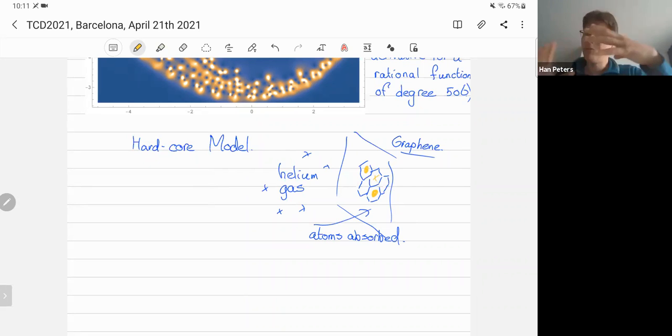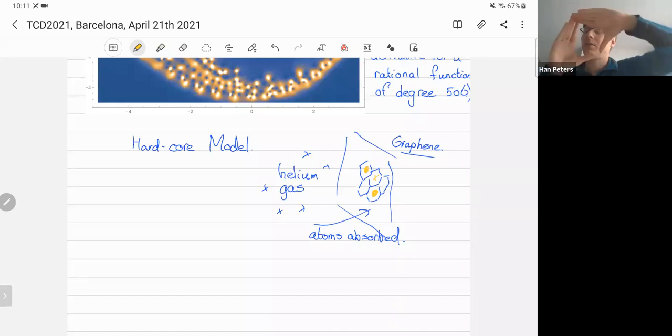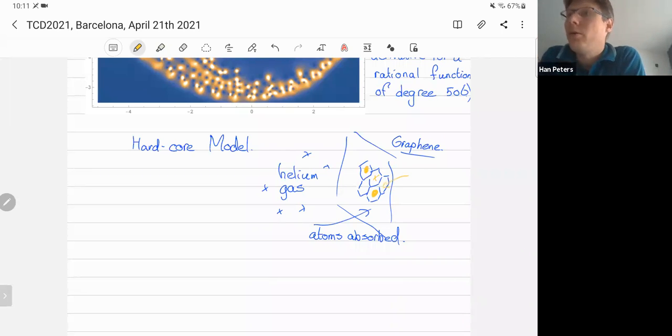Now this graphene lattice, it is of course incredibly large. So we imagine that it's really an infinite lattice, or a rescaled limit of larger and larger finite lattices. So we could be interested in questions such as, what is the probability that this hole is filled with a helium atom?